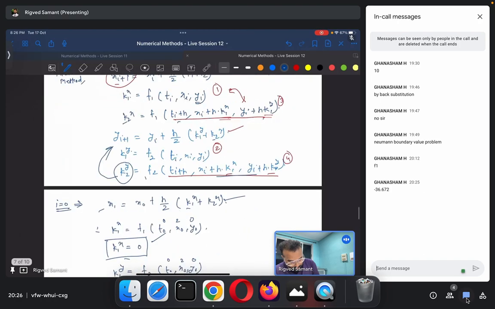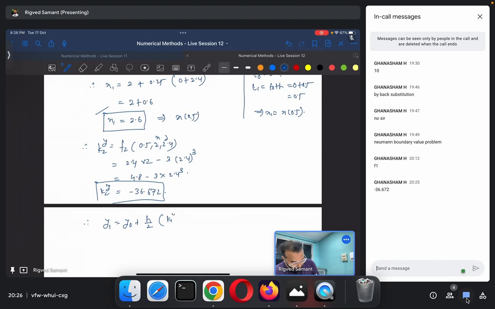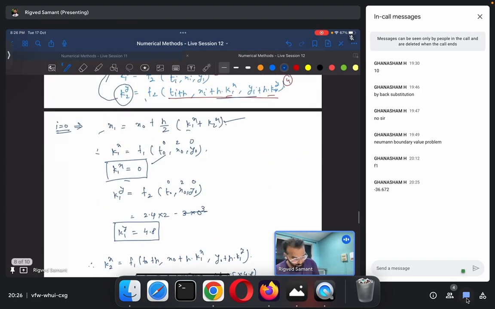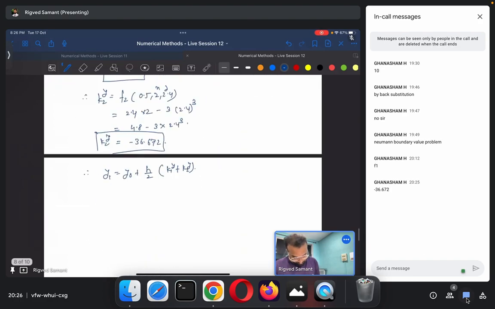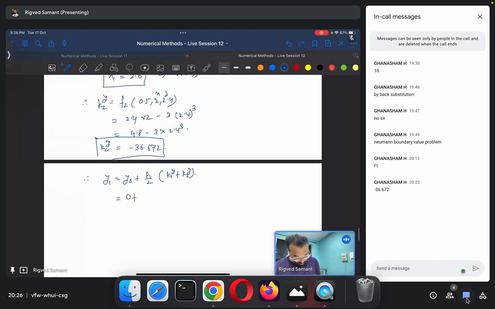If you put i is equal to 0 here, y1 is equal to y0 plus h by 2 into k1y plus k2y, right? y0 is 0, that is given.